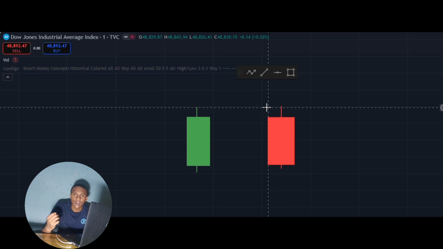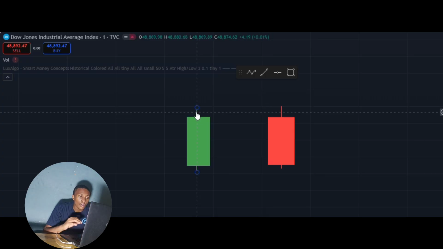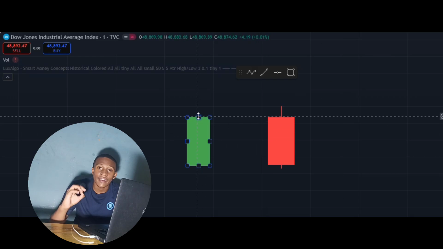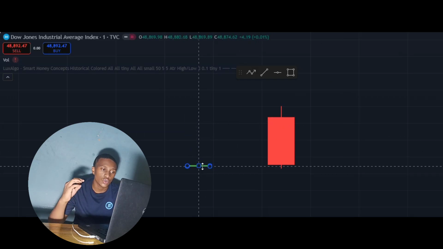That is a bearish candlestick. So let's go on to learn how a candlestick is actually formed.